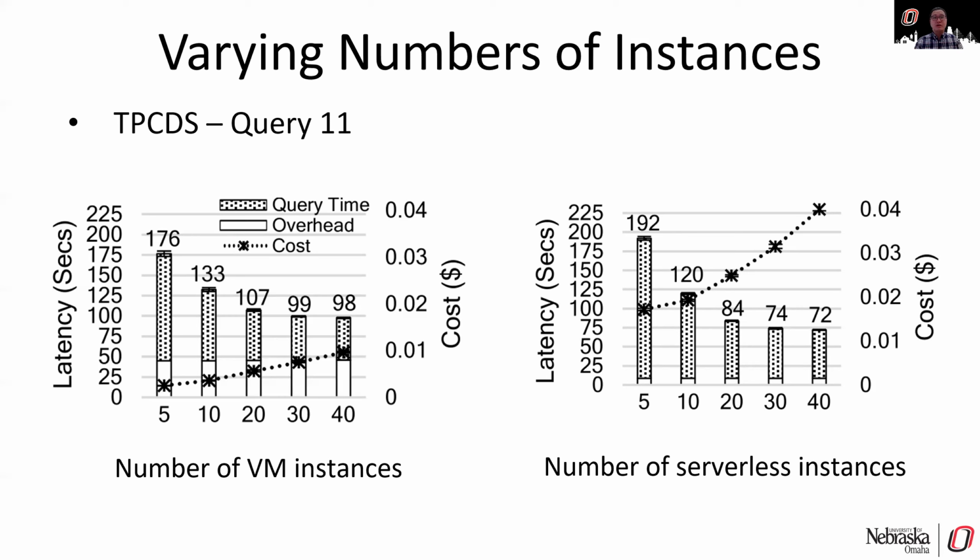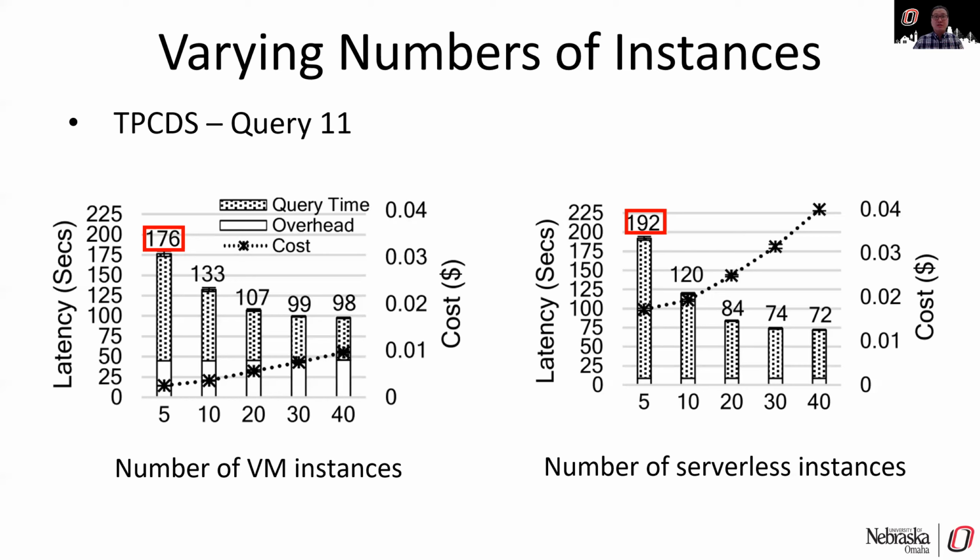One interesting observation in this result was that if we use a small number of serverless instances, the application may encounter a performance bottleneck because of the lack of computational resources. In this case, the query execution time increases, and using serverless may not yield any benefit.